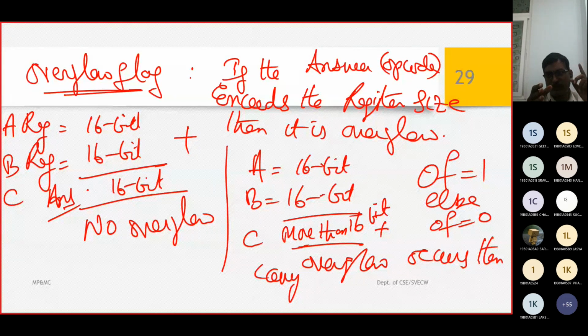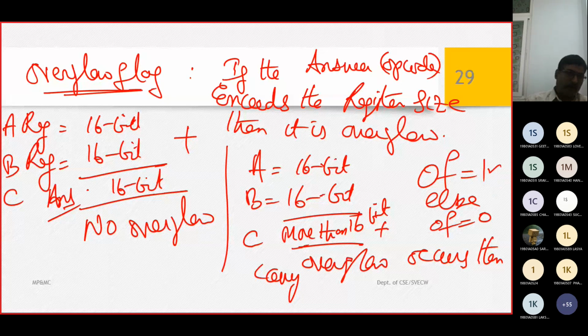In that case, we call it no overflow. Now, assume that I have a 16-bit data, and if I added those two items, if it is exceeding more than 16-bit register, then we are going to say overflow flag is high.